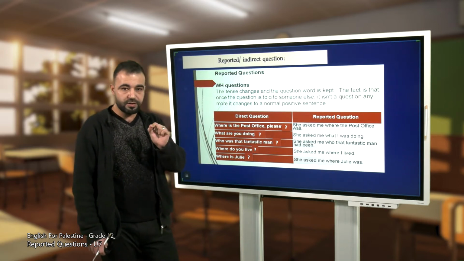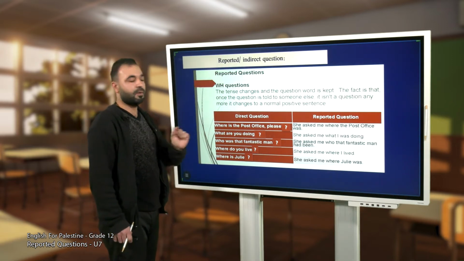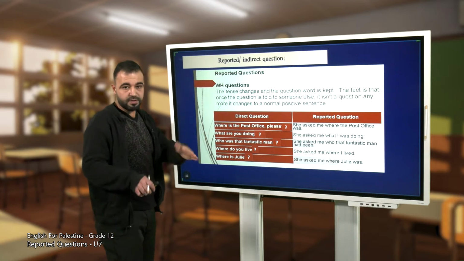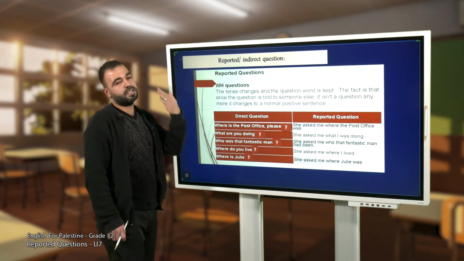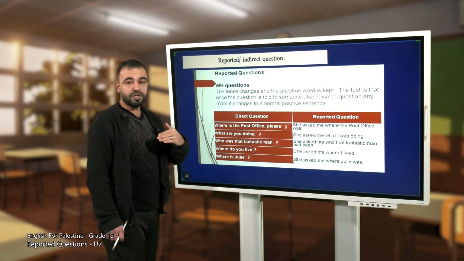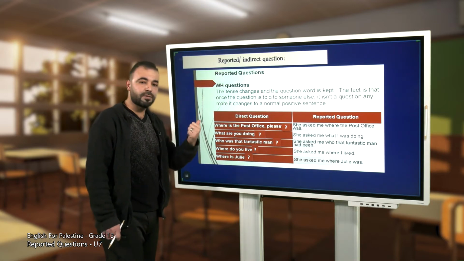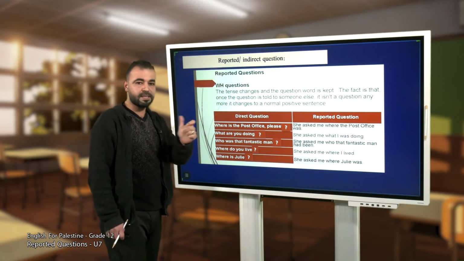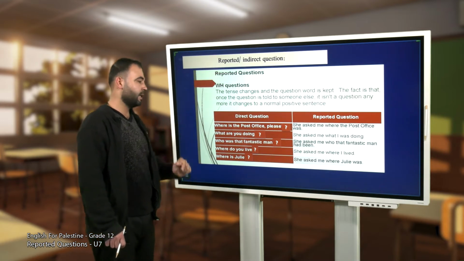Pay attention to change the main verb from present to the past. If it is in the past simple, we change it into the past perfect, which is had plus the past participle form of the verb.